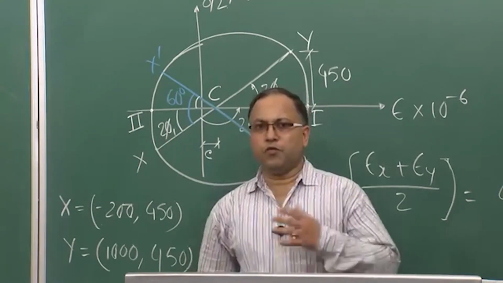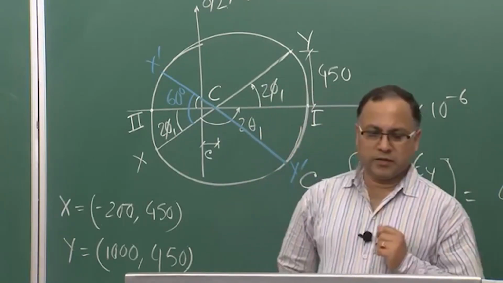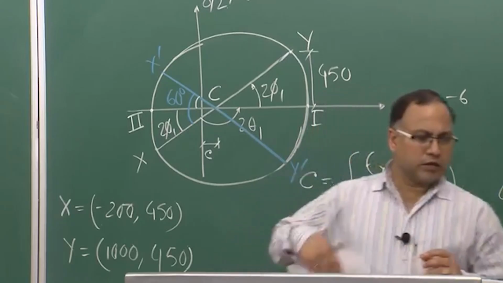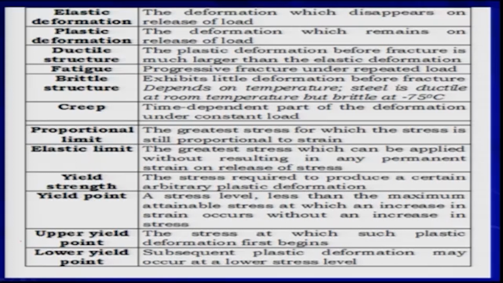Before moving to that, we need to know a few definitions. Look at the slide, point wise it is given. First one is elastic deformation. What do you mean by elastic deformation?